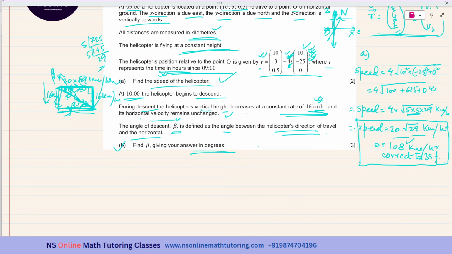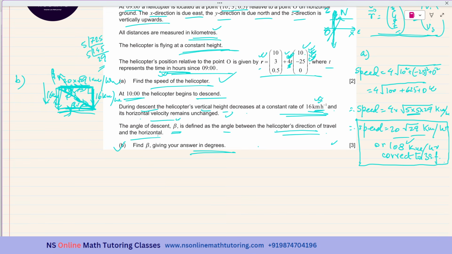Clear? So now we have a right angle triangle. We have the opposite side, we have the adjacent side, and we are required to find the angle value. Therefore, we can use our calculator. This is the working of Part B. You have to show this diagram because it is carrying 3 marks.